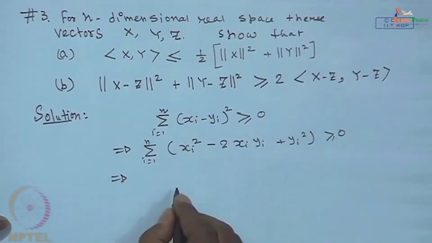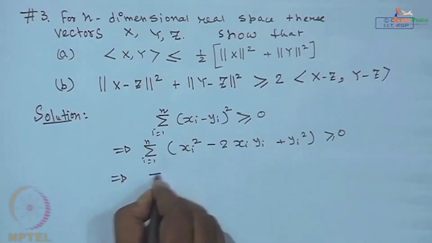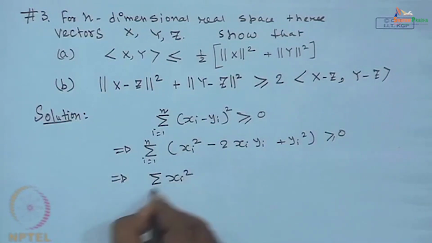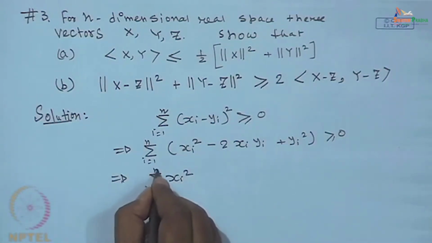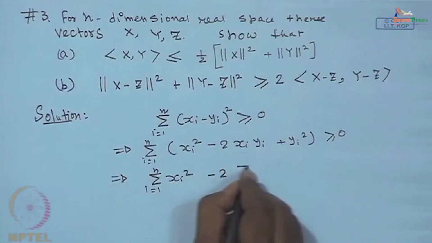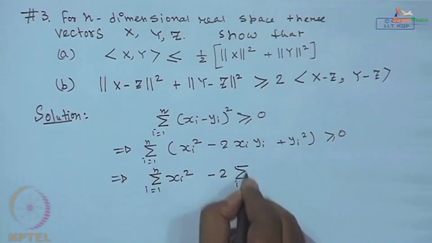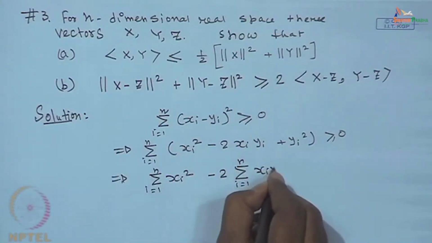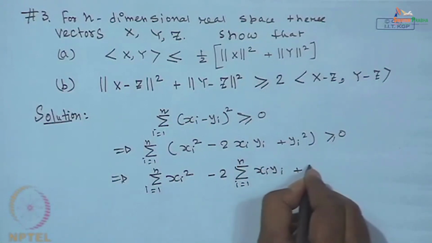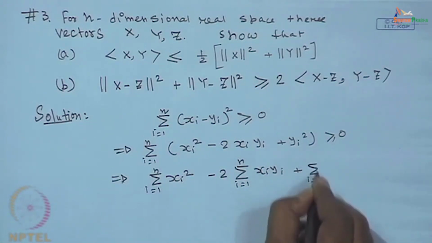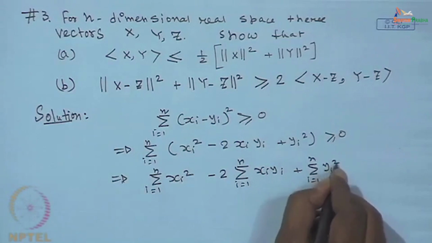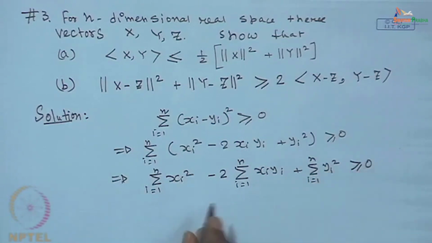Next, you open up this summation. So, it will be summation x_i square, i equals 1 to n, minus 2 summation i equals 1 to n of x_i y_i, plus summation i equals 1 to n of y_i square.